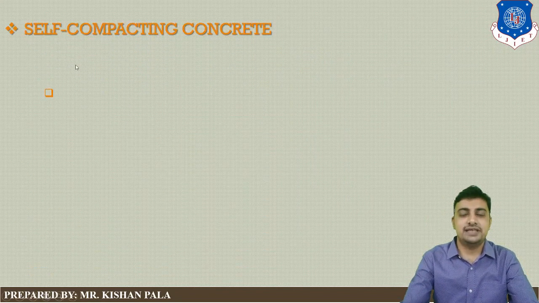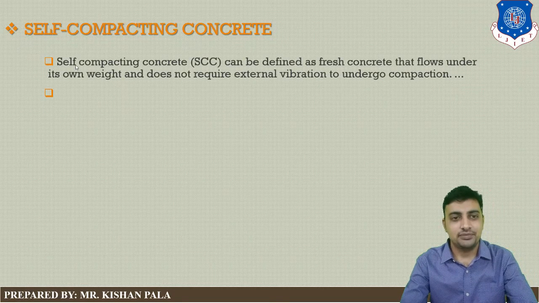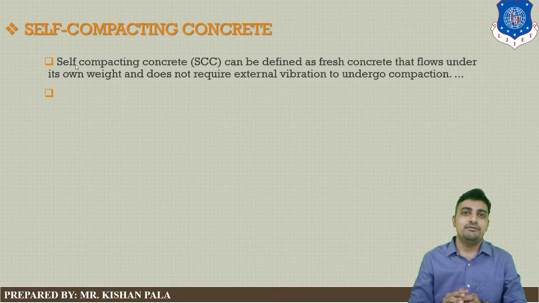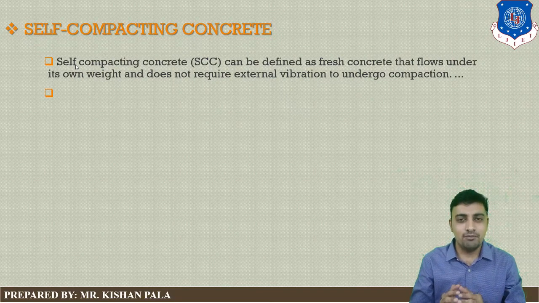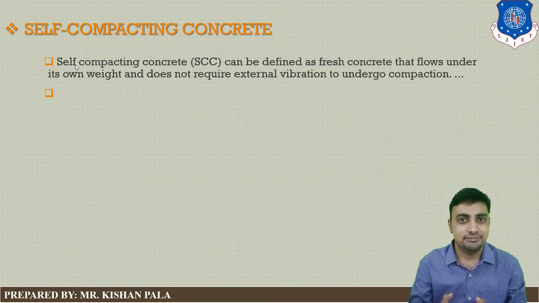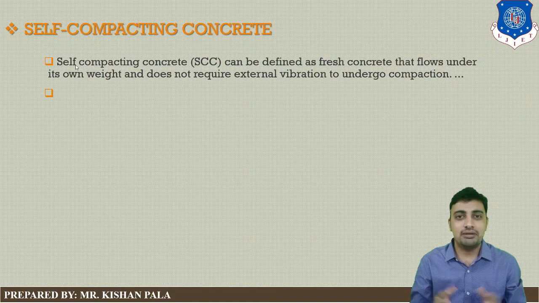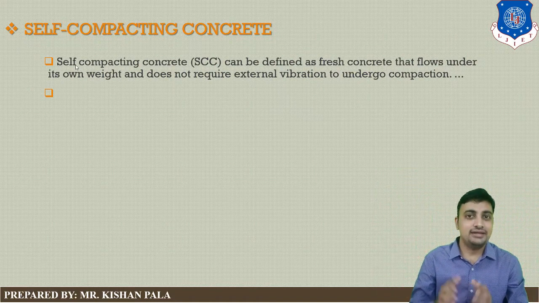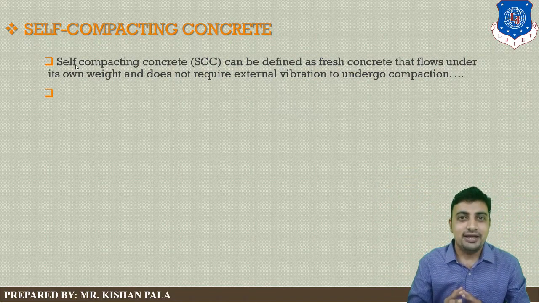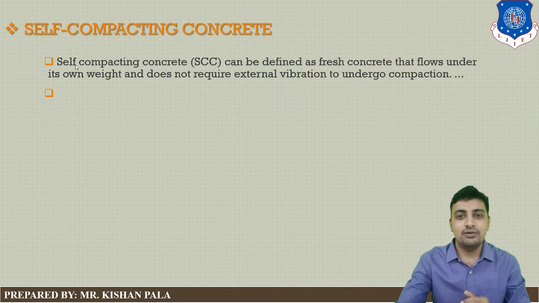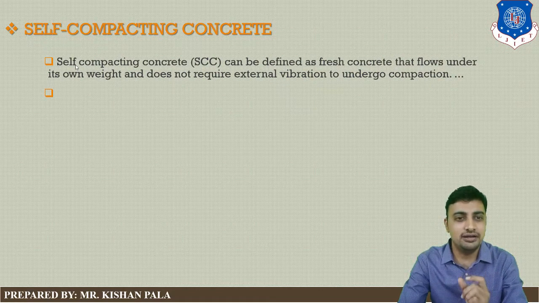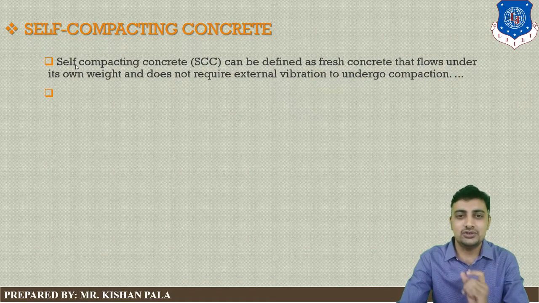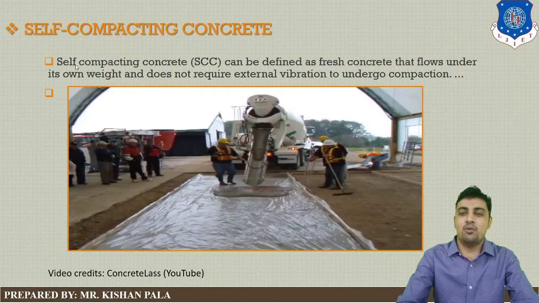Next type is self-compacting concrete. Self-compacting concrete is able to flow into each and every part of the formwork without compaction, which means there is no requirement of compaction like normal compacted concrete. Self-compacting concrete can be defined as a fresh concrete that flows under its own weight and does not require any external vibration.